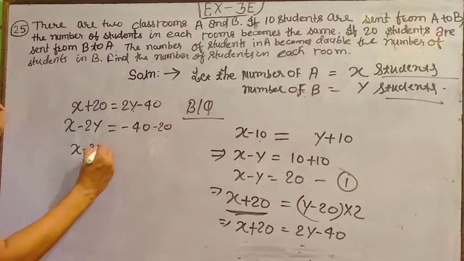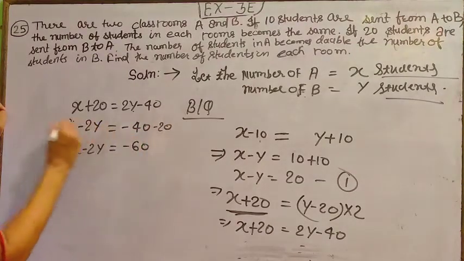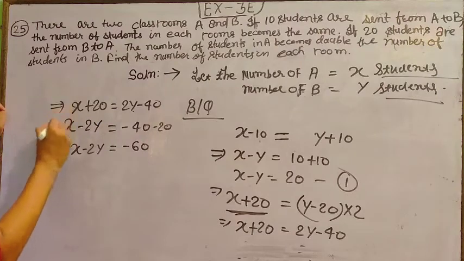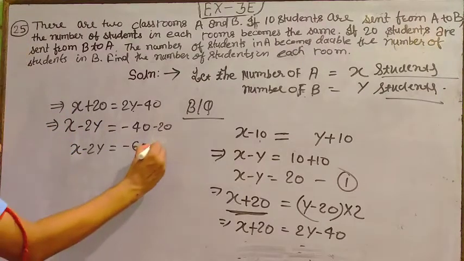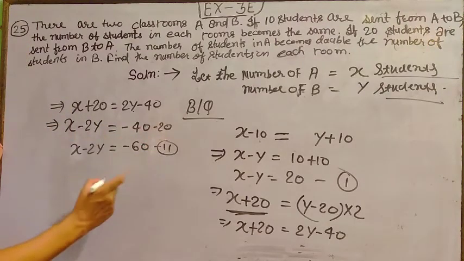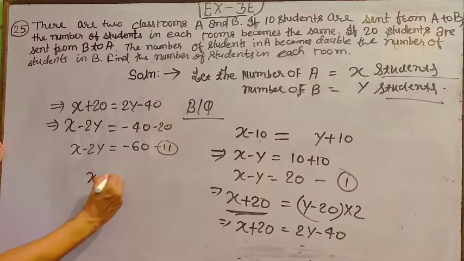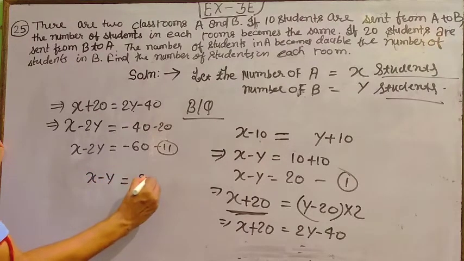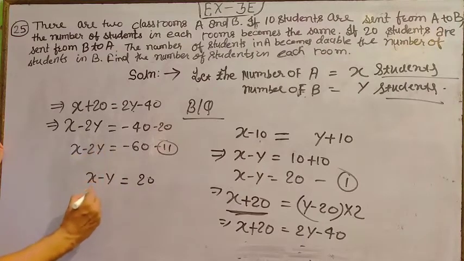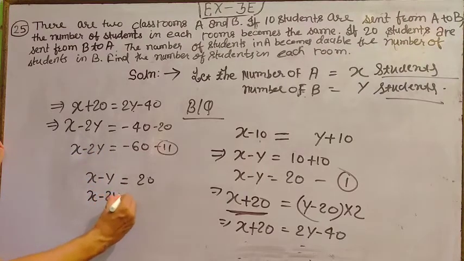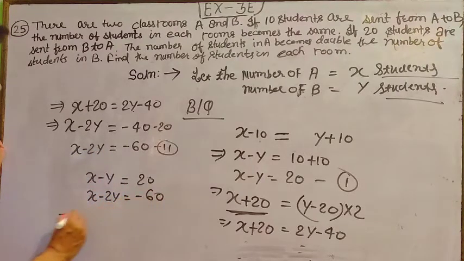Then X minus 2y is equal to minus 60. It is the second equation. The first equation is X minus y is equal to 20, and the second equation is X minus 2y is equal to minus 60.